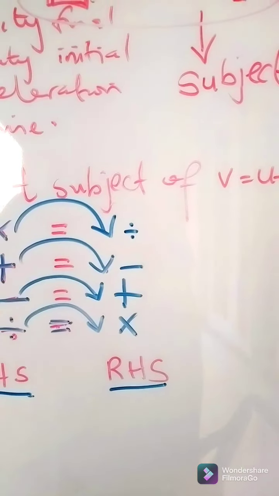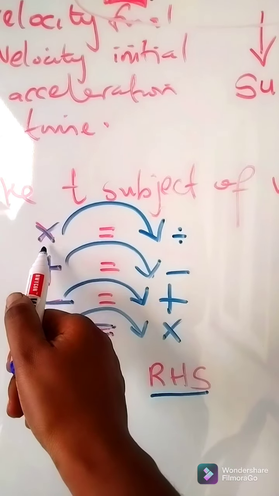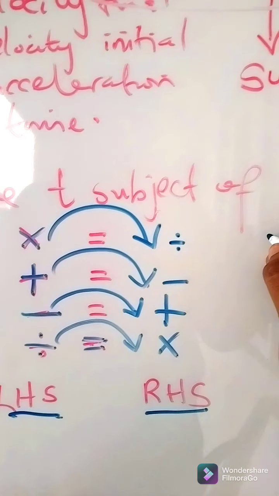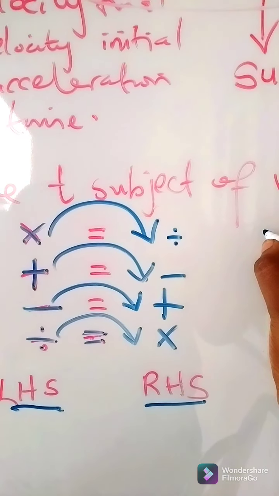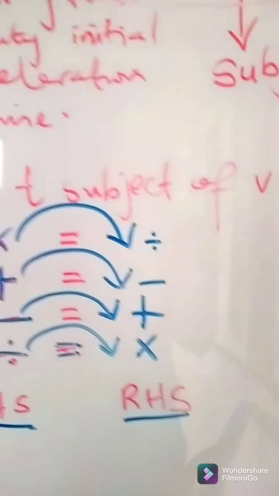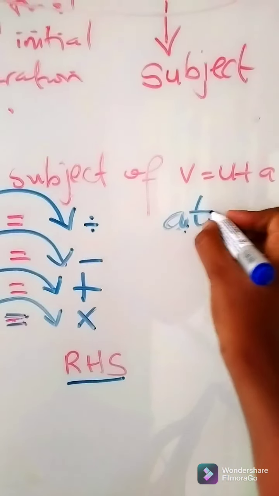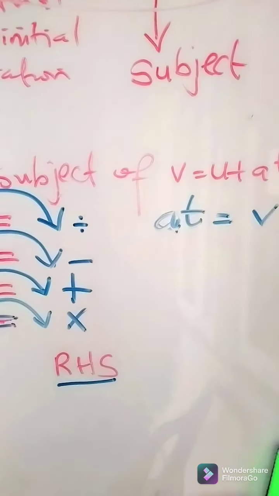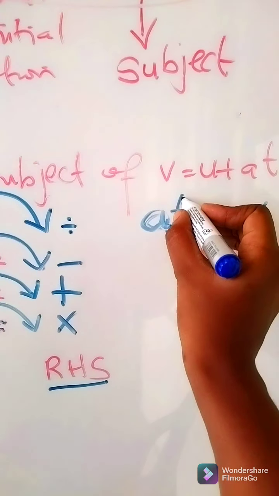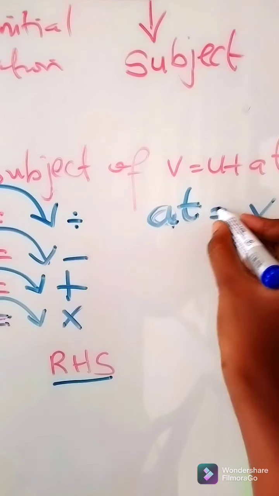Now let's look at a typical example of the multiplication operation. Let's assume we have AT equal to V. This is the equation of acceleration and velocity.